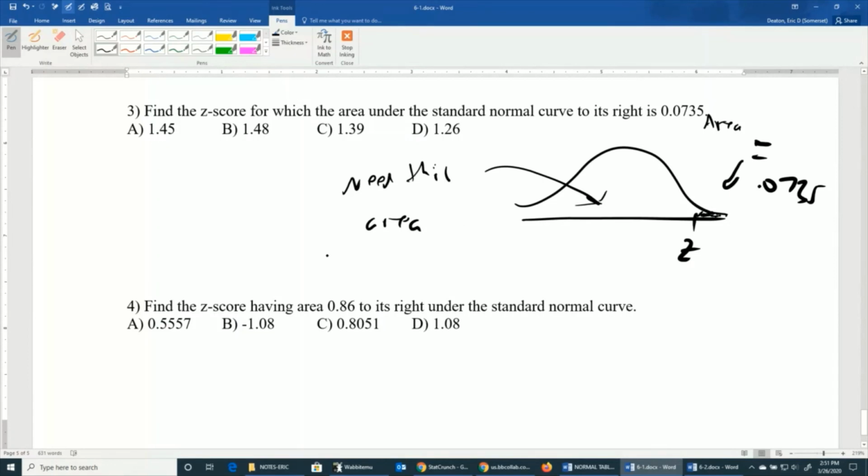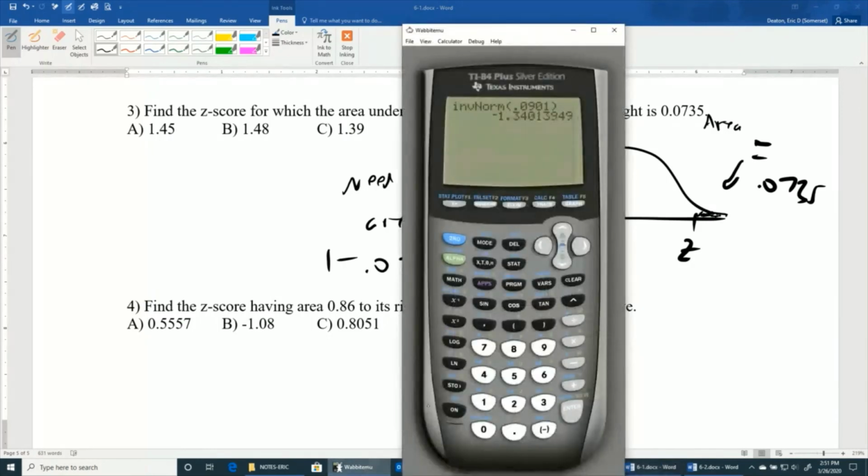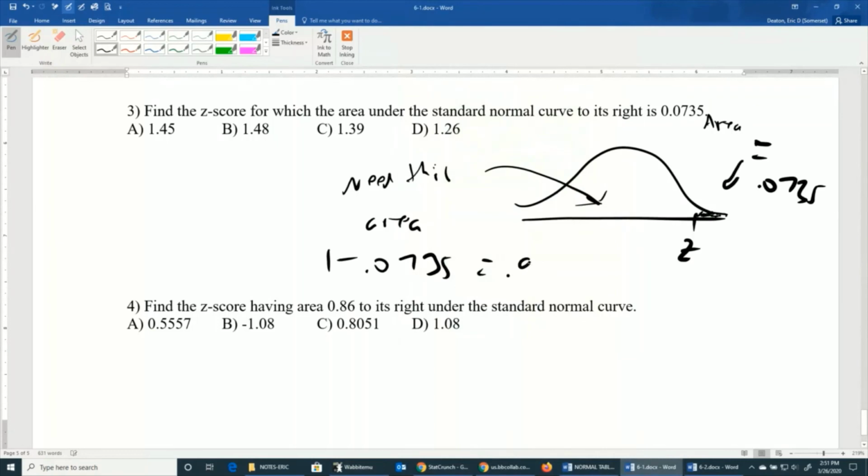That area is found by finding 1 minus 0.0735. So let's just type in 1 minus 0.0735. 0.9265. This is the table value that I need.